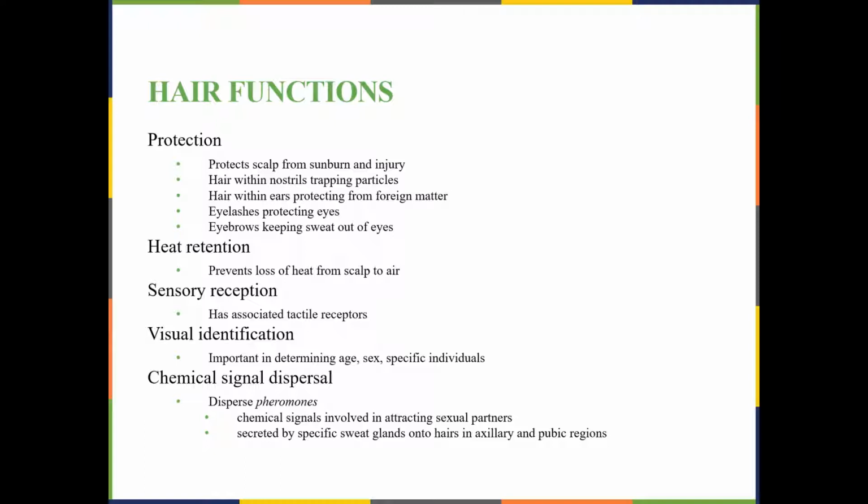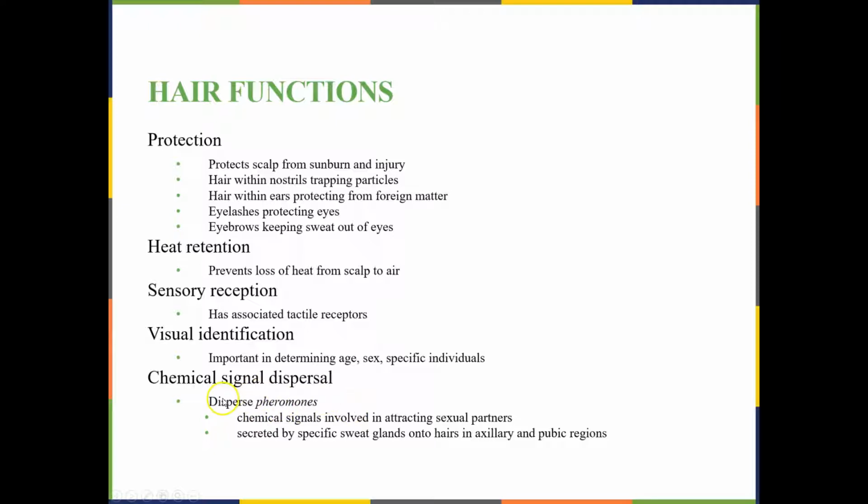That's the hair that we all have today on our head. And so you can identify the age looking at the type of hair that we have. Sometimes you can identify sex based on the style of hair, but that's not always true. And then, of course, if you know the type of hair an individual has, you might be able to say, no, that's my friend, because you know their hairstyle.